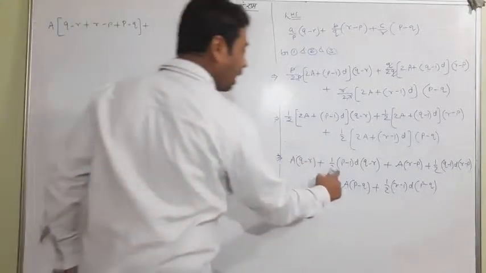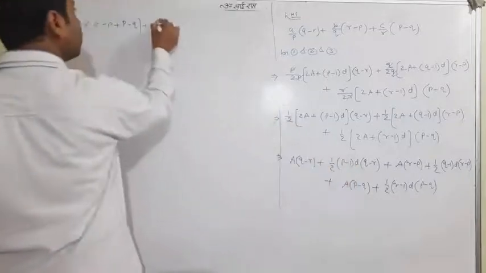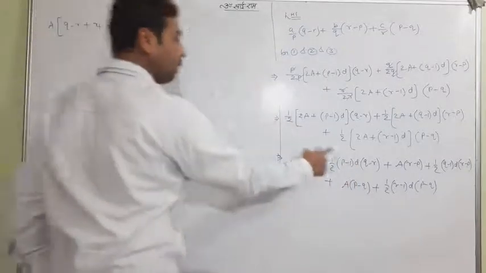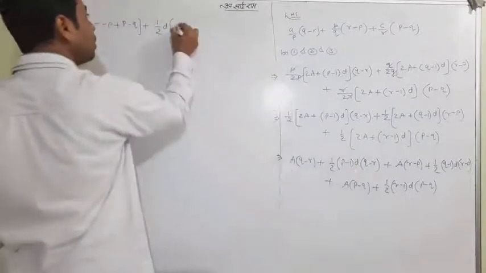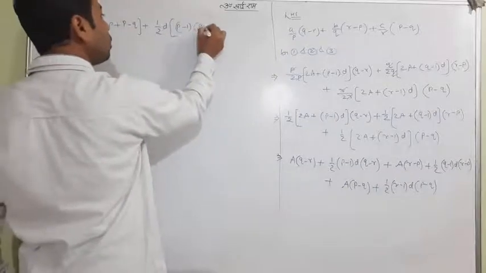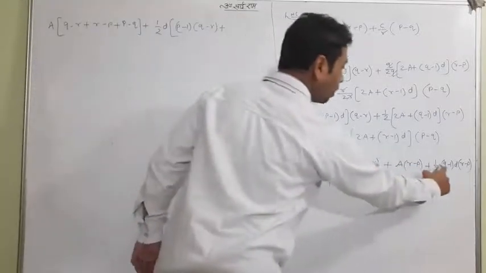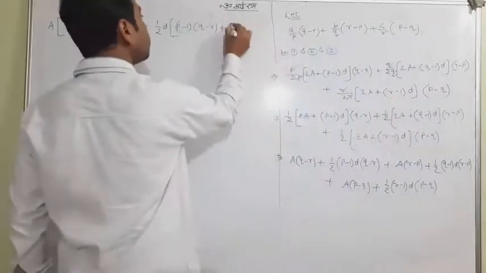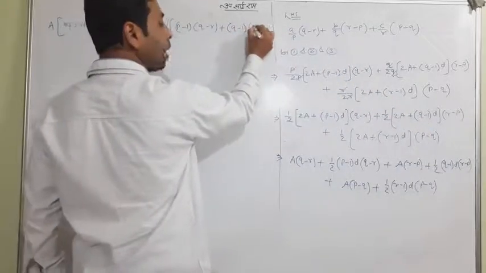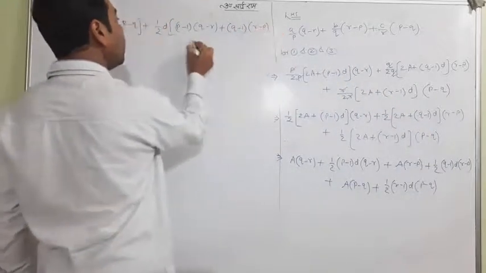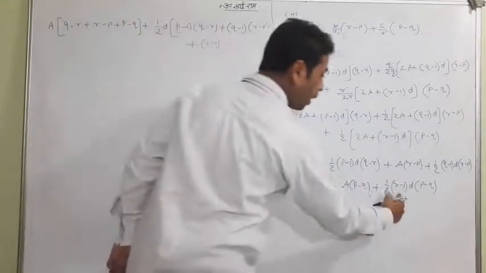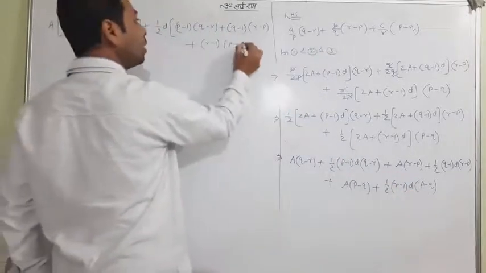Plus, I'll take half D common. So we have p minus 1 into q minus r, plus q minus 1 into r minus p, and r minus 1 into p minus q remaining.